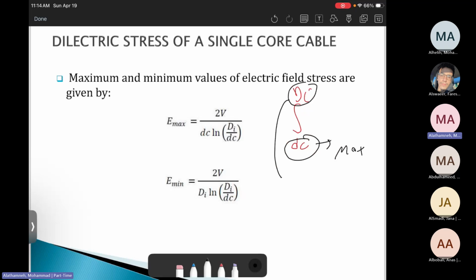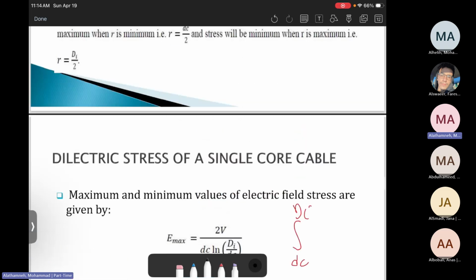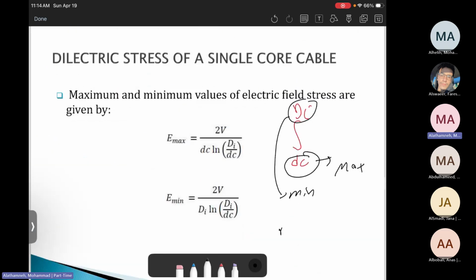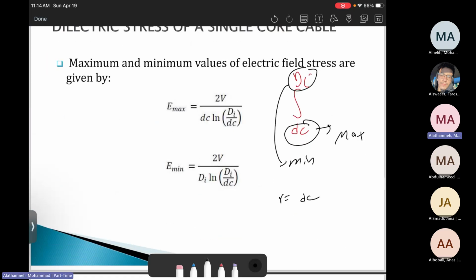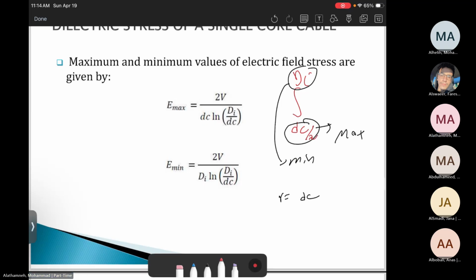At DI, it will be minimum. Just substitute R equals DC divided by 2. This is the max. Substitute R equals DI divided by 2. This is the minimum. That's the thing you need to keep in mind.